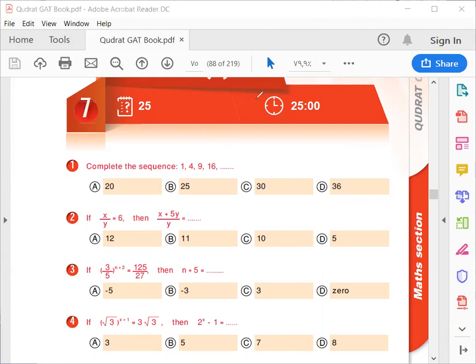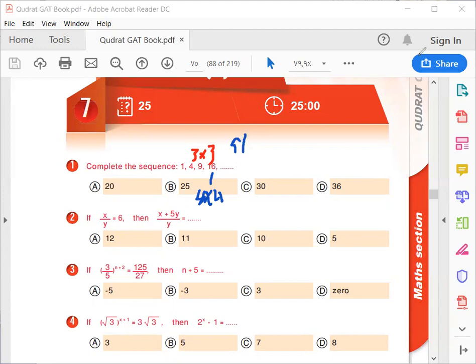And look at 9, it is 3 times 3, right? Also, the last one is 16, it is 4 times 4, it is 16. So the next number will be 5 times 5, right?